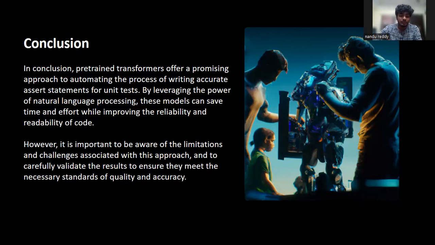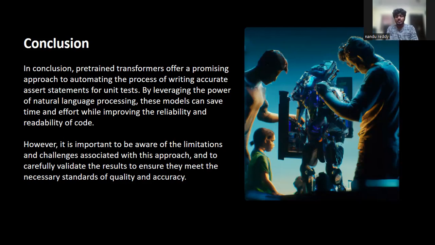Okay, some benefits are that the use of pretrained transformers for assert statement generation can save time and improve the accuracy of unit testing while also reducing the risk of human errors.